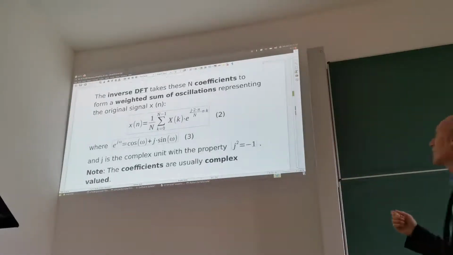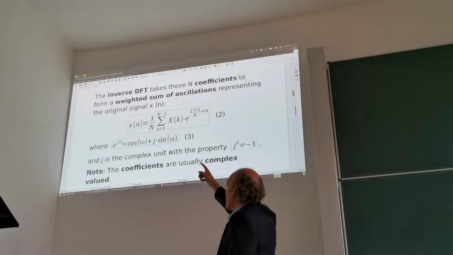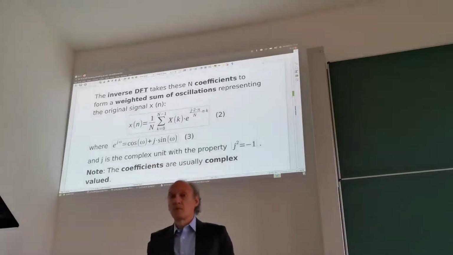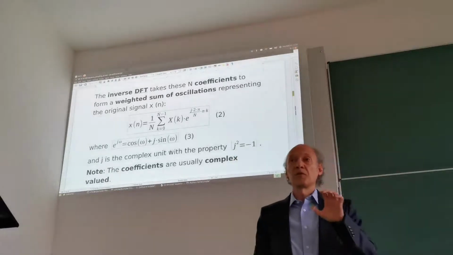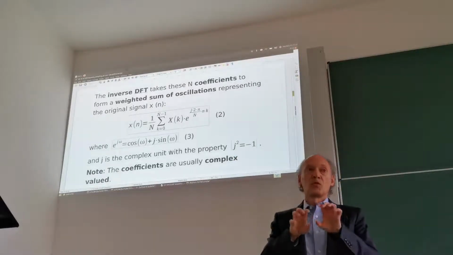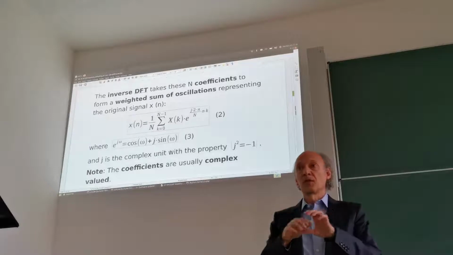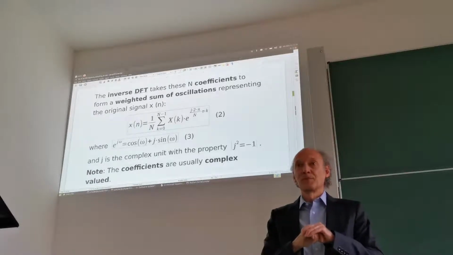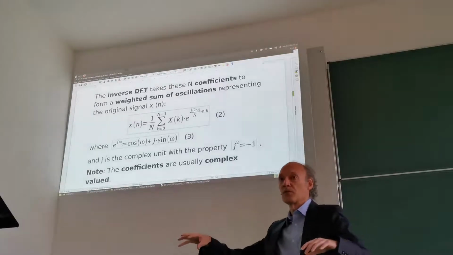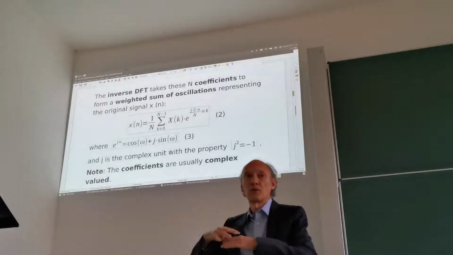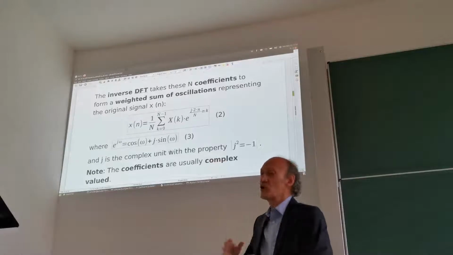So this shows that we can rewrite our signal, the luminance signal or also some audio signal, as a weighted sum of cosine and sine oscillations. So we have low frequencies and high frequencies with different strengths, and the strength is given by the coefficients x.